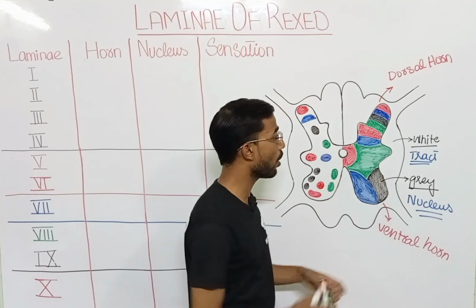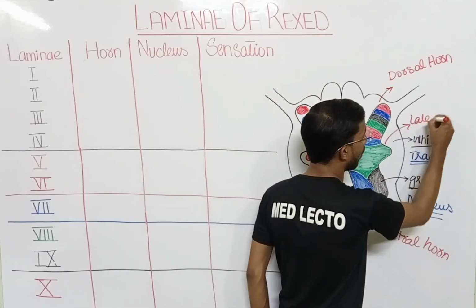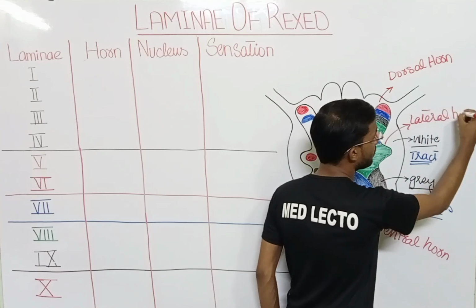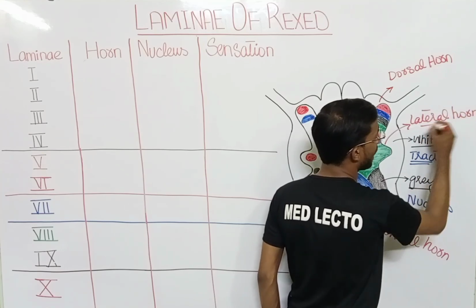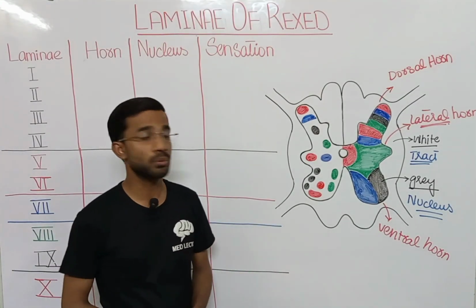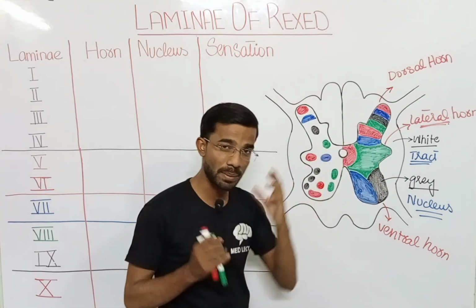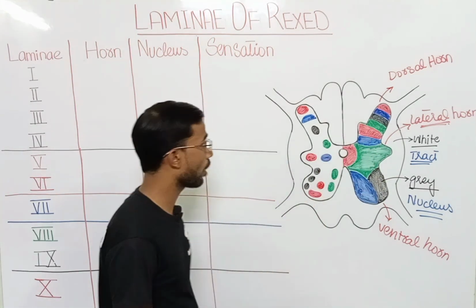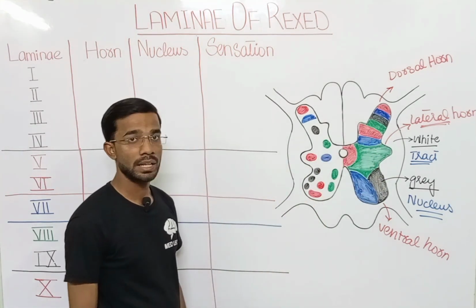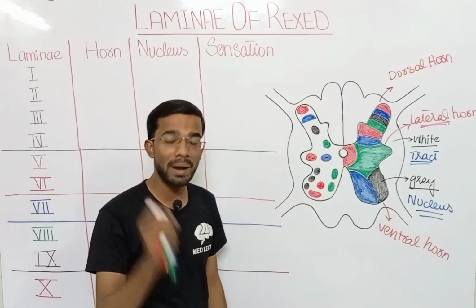But the lateral horn, this one here, is present only at specific areas of the spinal cord, like the T1 to L2 area. So they are present at specific areas. Now, at the dorsal horn, you receive the somatic information.